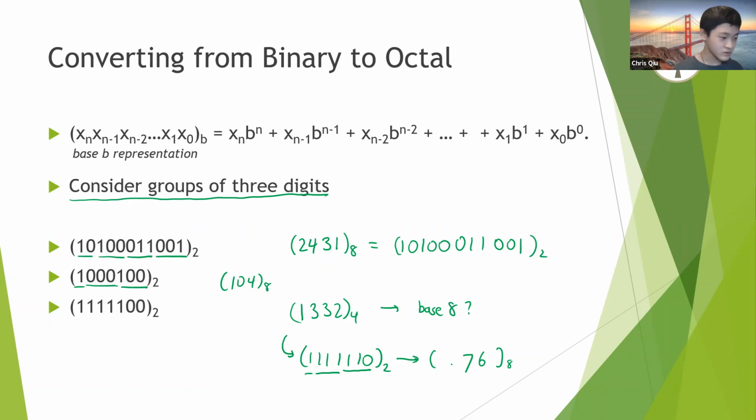And our last one becomes a 1. So now we have successfully converted this number 1332 from base 4 to base 8, in which it is 176. So this is a nice little trick that you can use to convert bases that are powers of the same number.